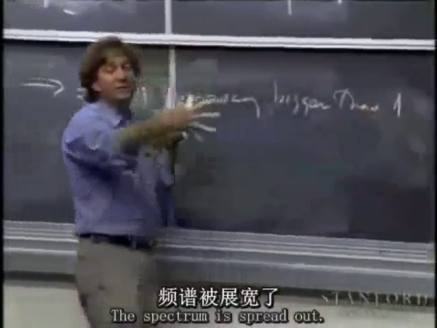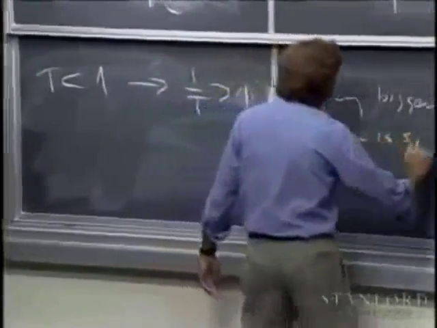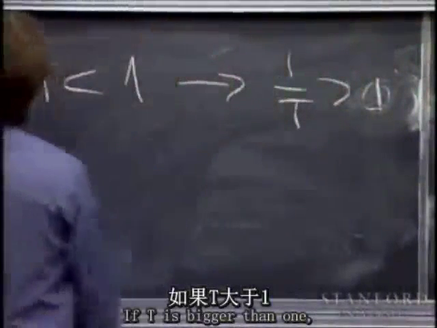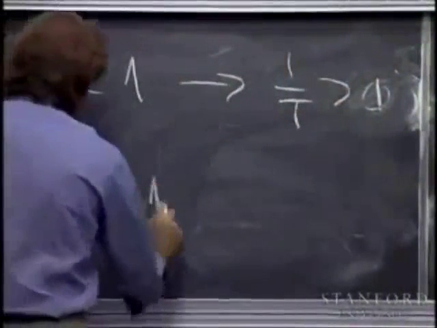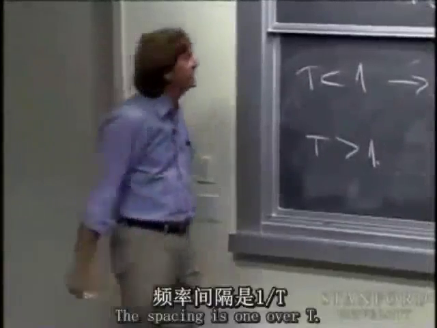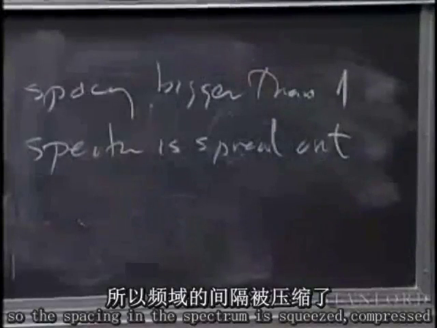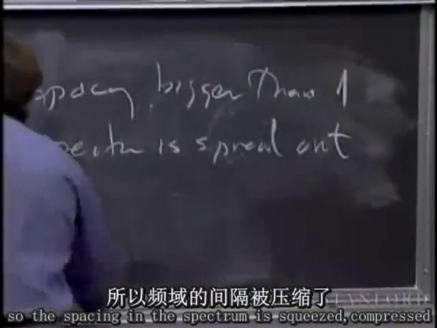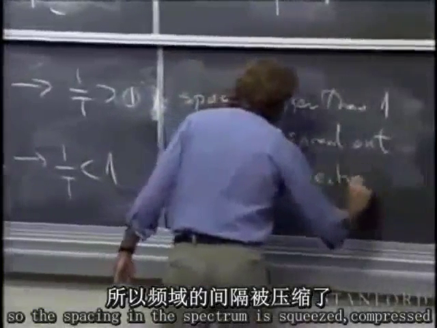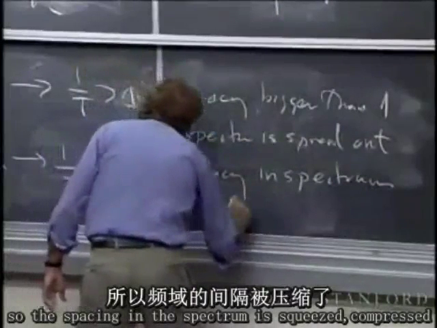The spectrum is spread out. If T is bigger than 1, if you have a long period, the spectrum is compressed. The spacing is 1 over T. 1 over T is less than 1. All right? So the spacing in the spectrum is squeezed, compressed.